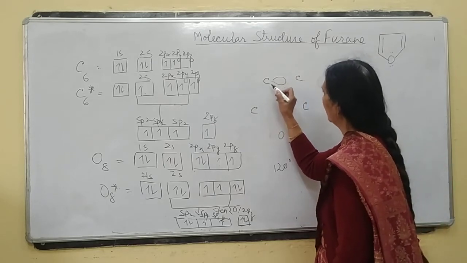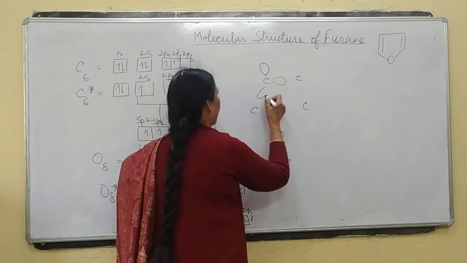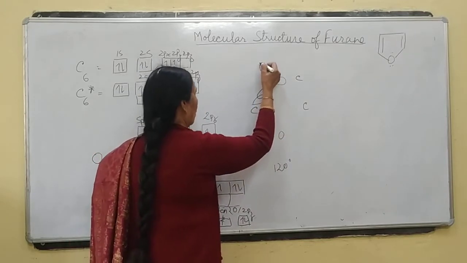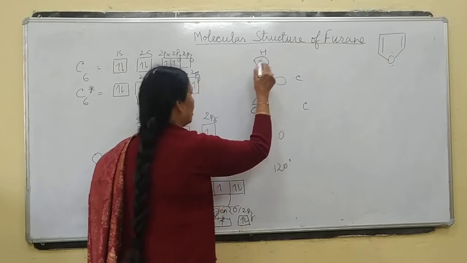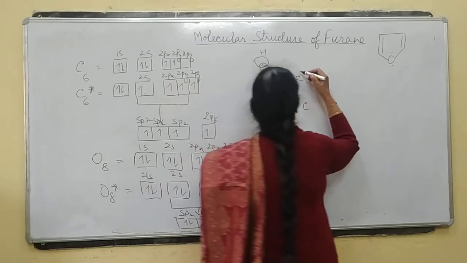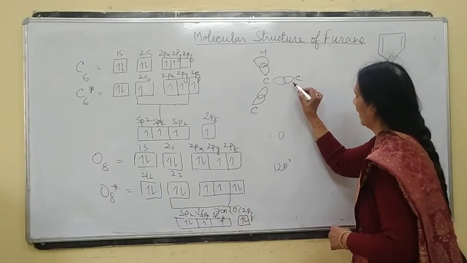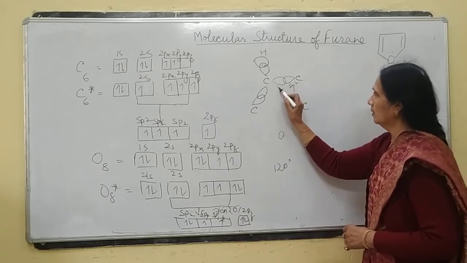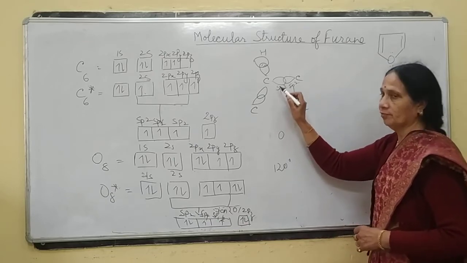So they are in one plane. One of the sp2 hybrid orbitals overlaps with the 1s orbital of hydrogen, forming a sigma bond. Similarly here, the C sp2 hybrid orbital overlaps with the other sp2 hybrid orbital of carbon.